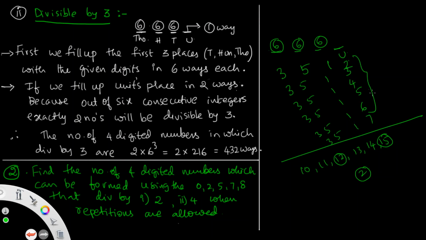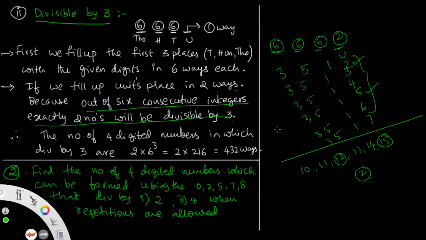In this, only two numbers will be divisible by 3. So this can be done in only 2 ways. That is the general rule: out of 6 consecutive integers, exactly 2 numbers will be divisible by 3. This is the divisibility rule by 3.